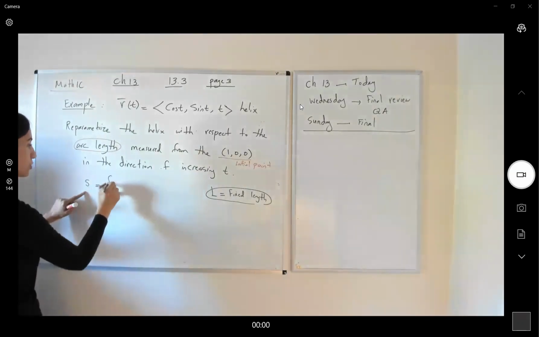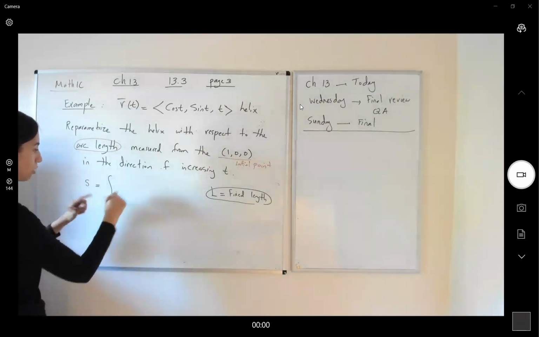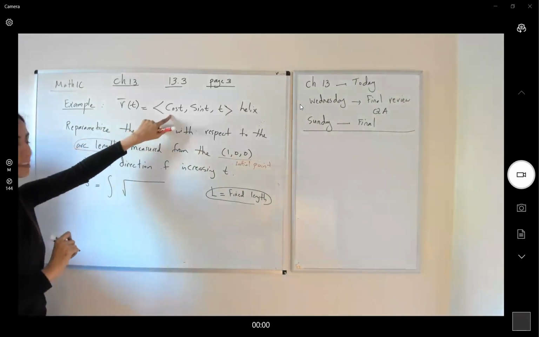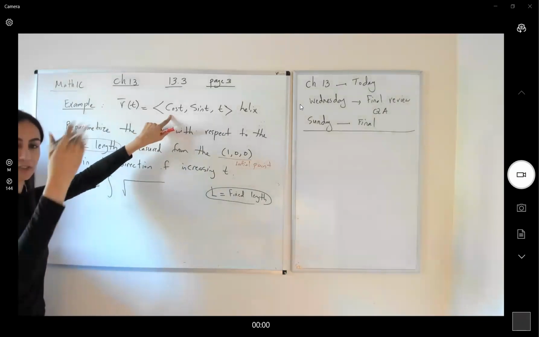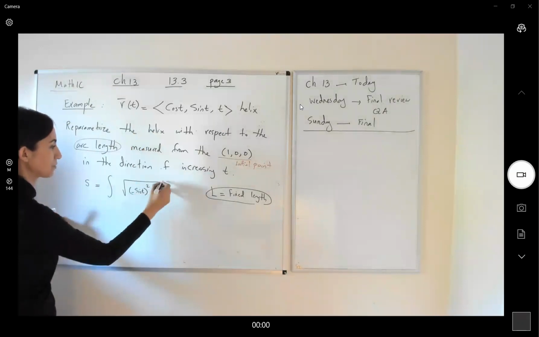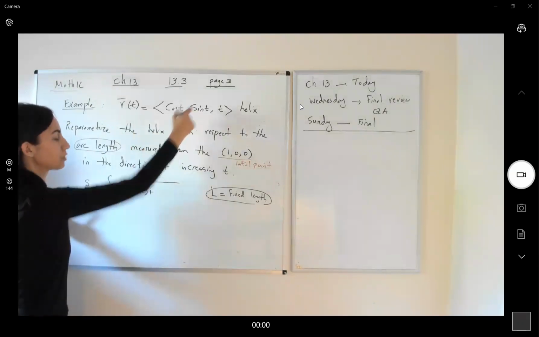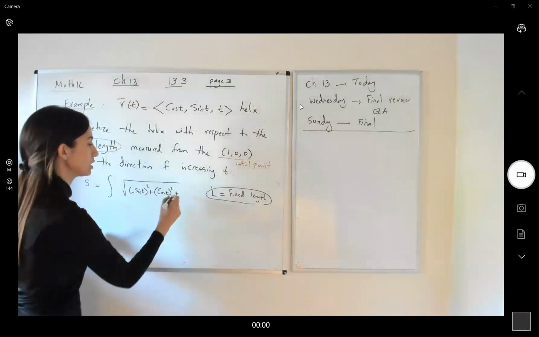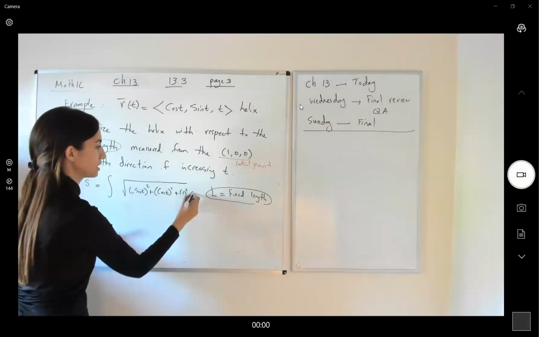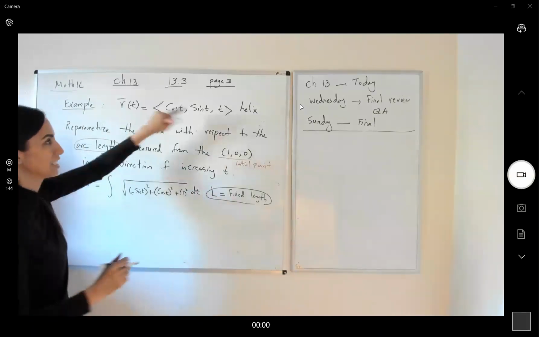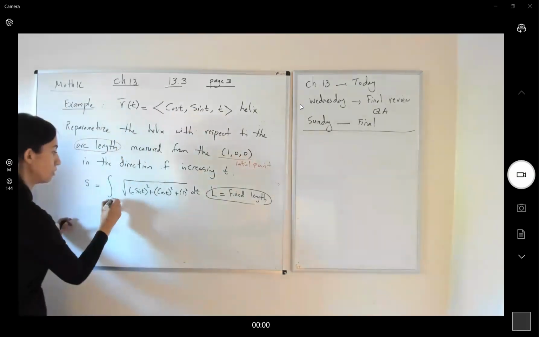This is equal to the integral of square root of the first component derivative squared. So the derivative of cosine, you already took this, you know it is sine t squared plus the derivative of sine, which is cosine t squared, plus the derivative of t, which is 1 squared dt. The initial point, t is equal to 0.